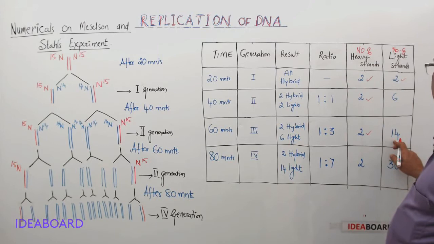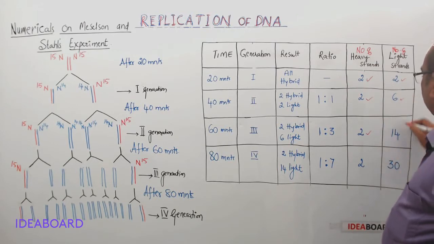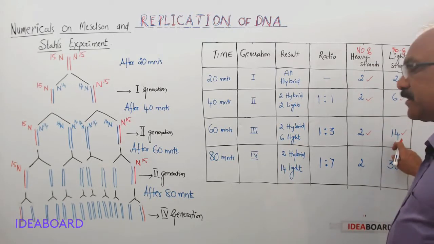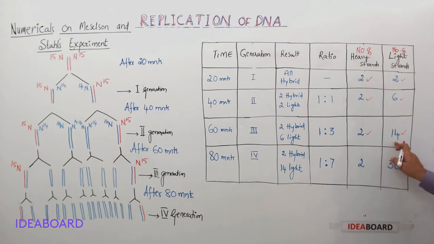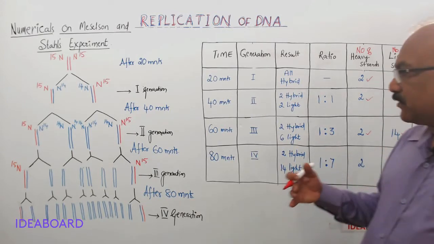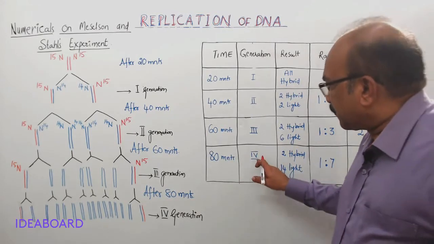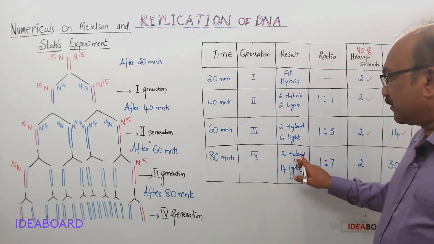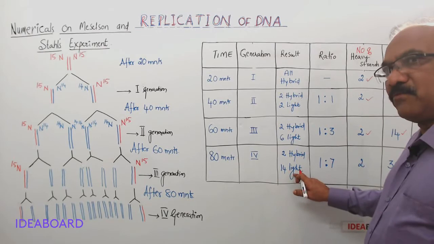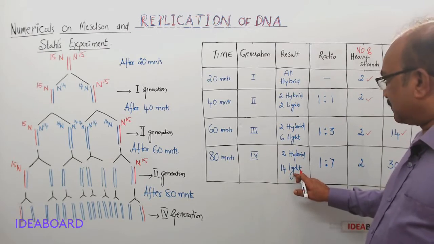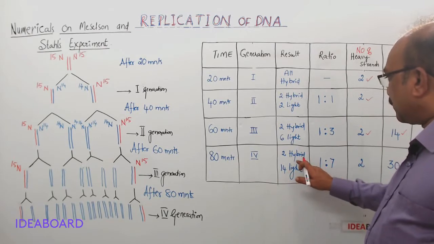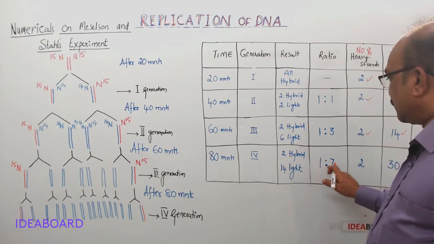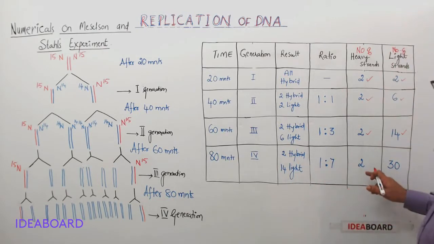And how many light strands? Light strands are 14. Like that, if we go further up to the fourth generation, that is after 80 minutes, two hybrids and 14 light. And what is the ratio? 1:7. And how many are N15 strands?